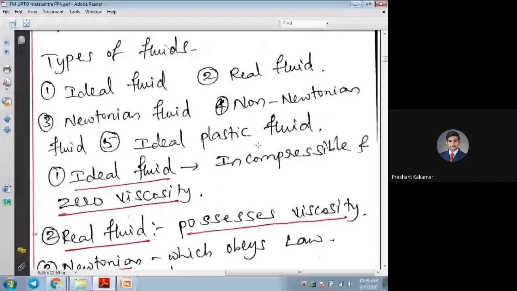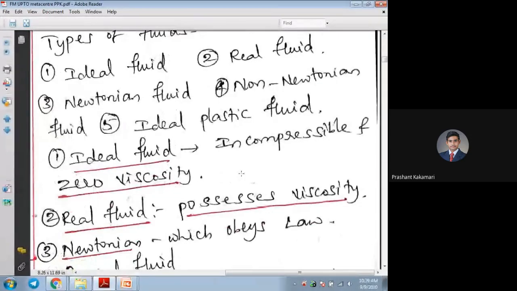Then thixotropic fluids, etc. or ideal fluids. And here coming to the ideal fluid, which is having zero viscosity, these are incompressible in nature. Okay, maximum times these are incompressible. We cannot change its dimensions by compressing or decreasing or increasing volumes. We cannot change the compressibility.